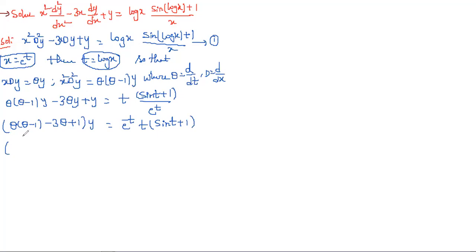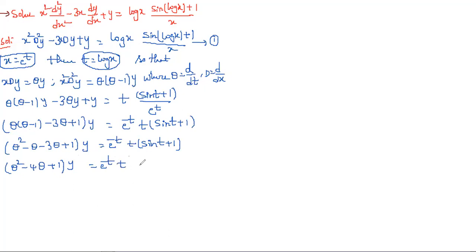Simplifying, theta square minus theta minus 3 theta plus 1 into y is equal to e power minus t into t into sine t plus 1. Then theta square minus 4 theta plus 1 into y is equal to e power minus t into t sine t plus 1. Let it be taken as equation 2.